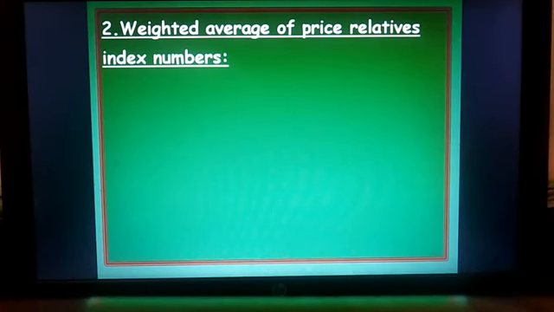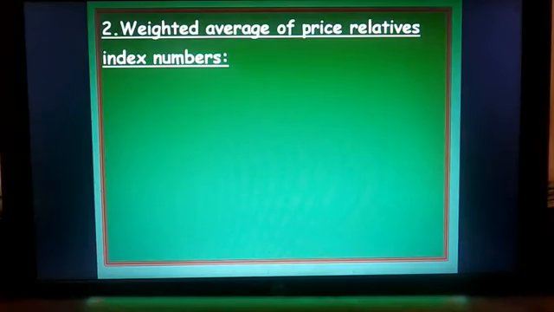So in that, particularly in weighted index number, we had completed just now weighted aggregative price index numbers. That means aggregative is over. Now weighted average of relatives we are considering.